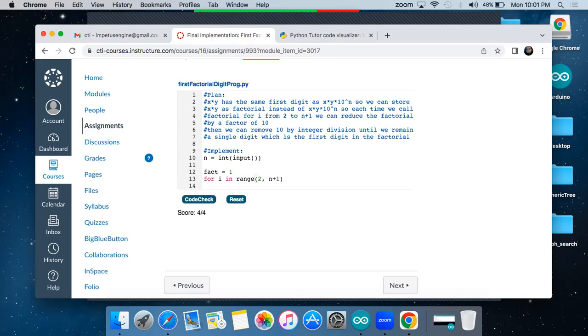We can compute the factorial. Factorial times equals i.